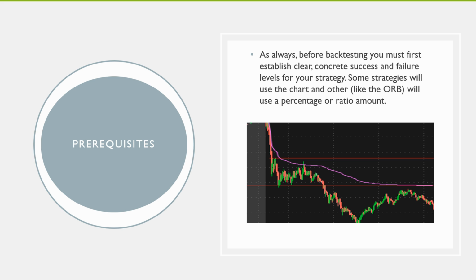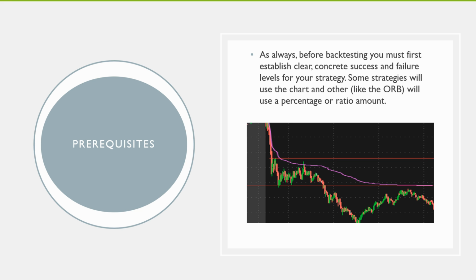But just to keep it simple, we're just going to call it a success and failure level, because that's ultimately what they're going to be when we're actually testing those levels. So like this says, some strategies will use the chart, and others, like the opening range breakout, will use a percentage or a ratio. Like the VWAP fade and the VWAP bounce, the strategies that I like to play, they use the chart to guide me on where I'm going to set my success and failure levels.